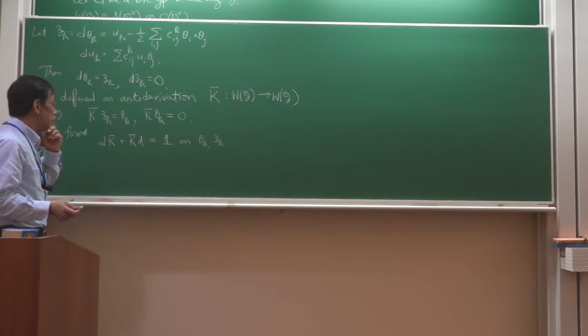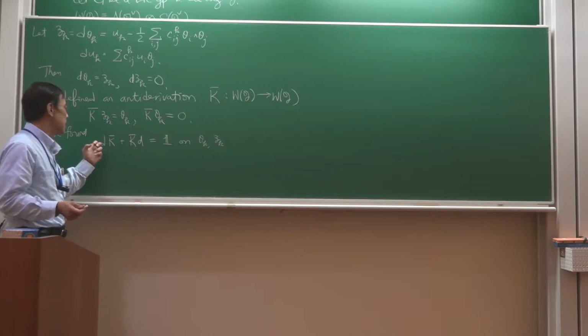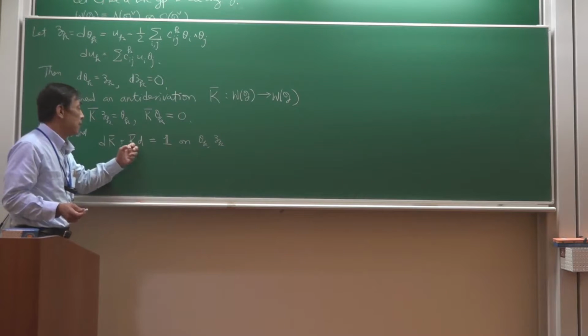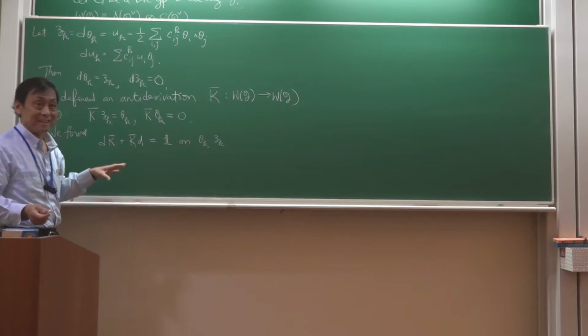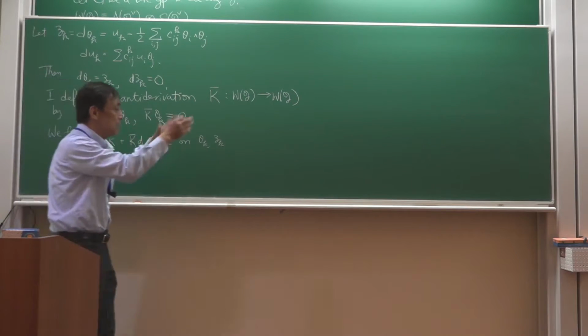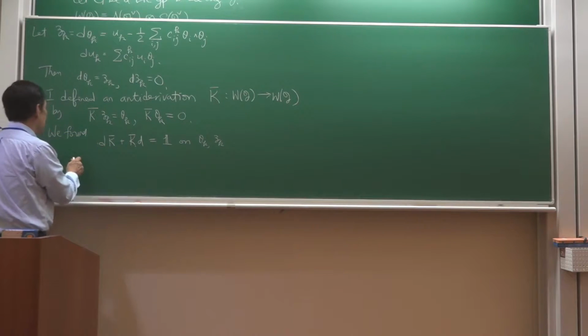And now, because k bar is an antiderivation and d is an antiderivation, d k bar plus k bar d will be a derivation. So because it's a derivation, when you apply it to products, you're going to pick up an extra constant.